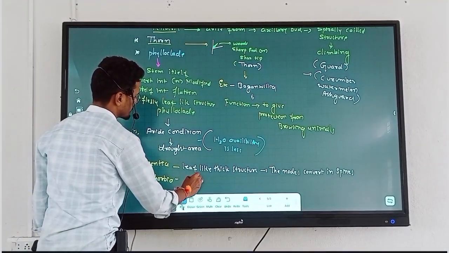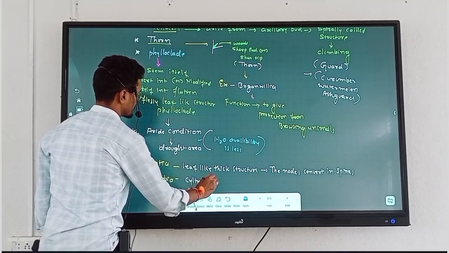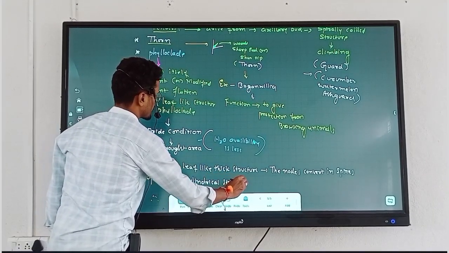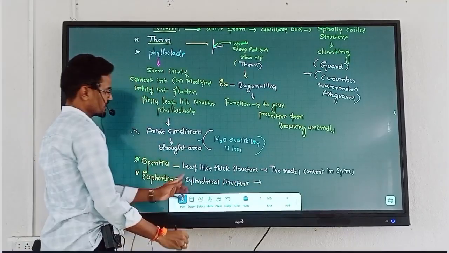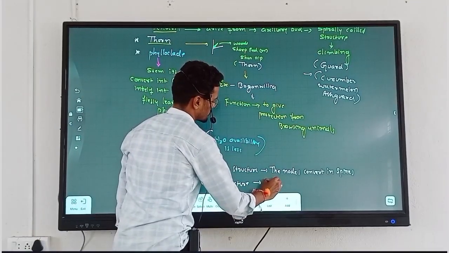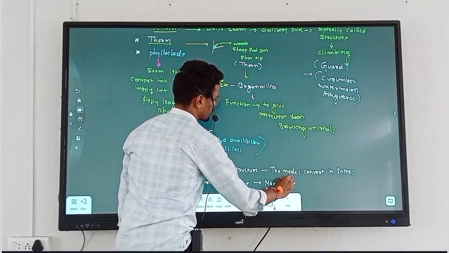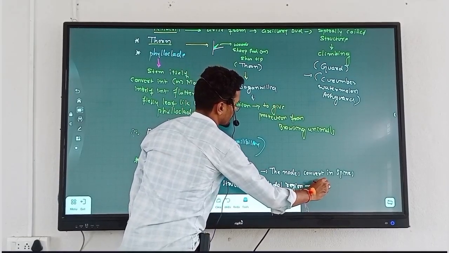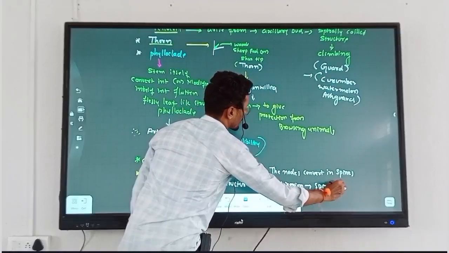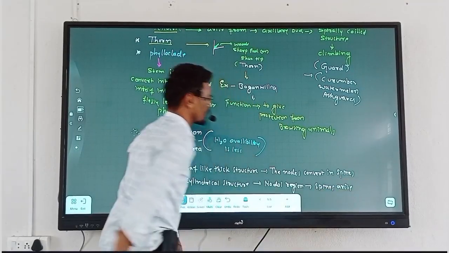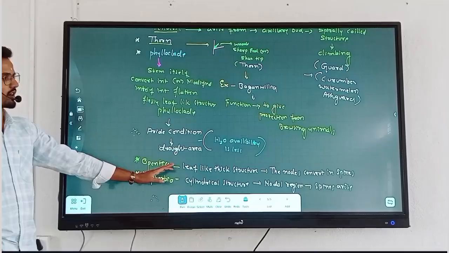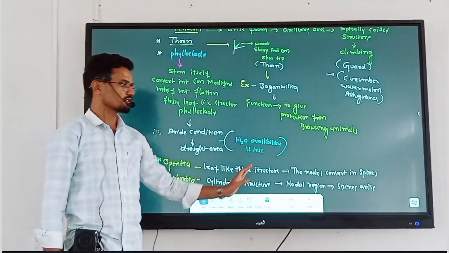This is a cylindrical structure. Here on this nodal region also, spines arise. Both spines are responsible for protection from browsing animals.